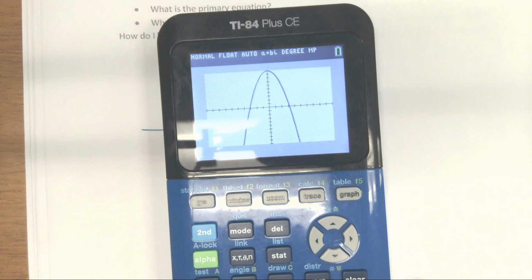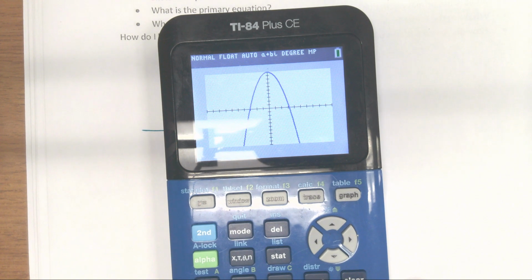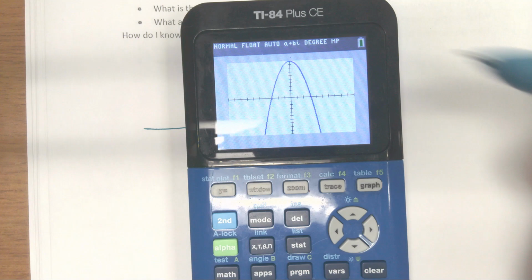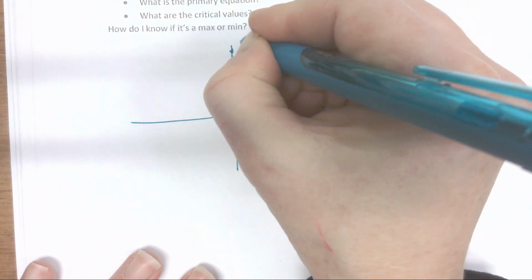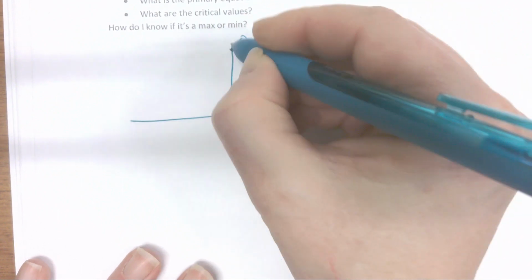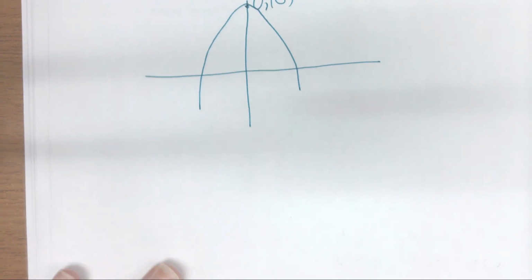Where does it touch the y-axis? 10. And it would touch the x-axis at plus or minus the square root of 10, but we don't know exactly.